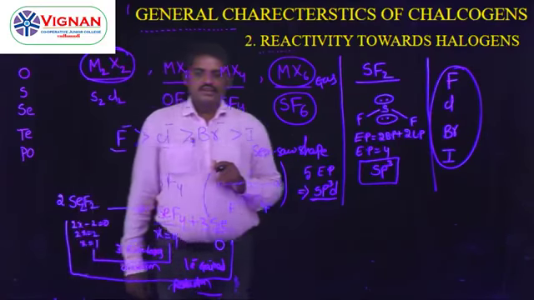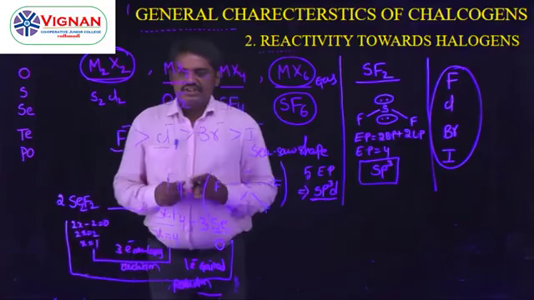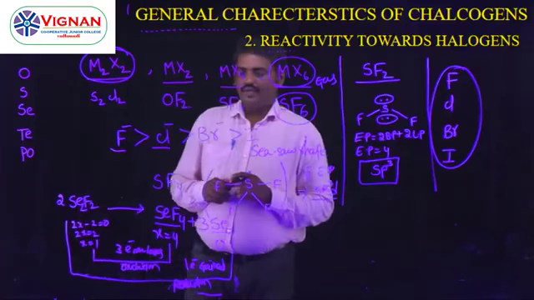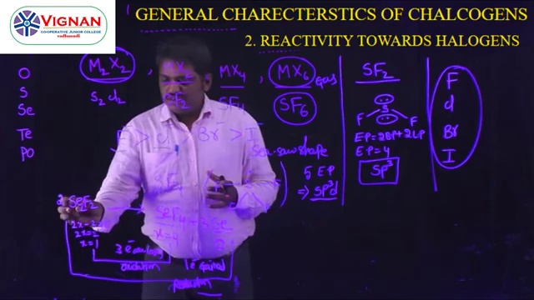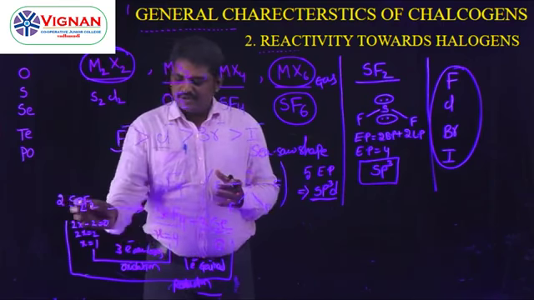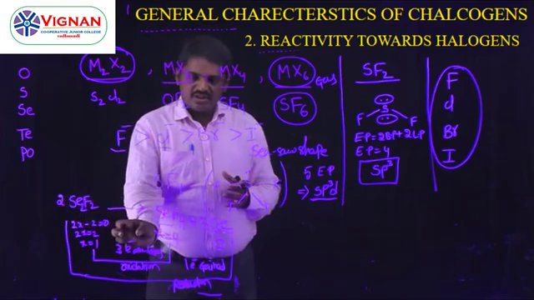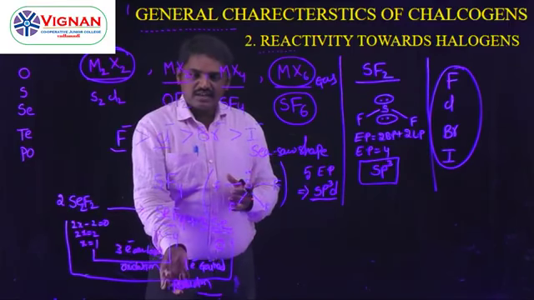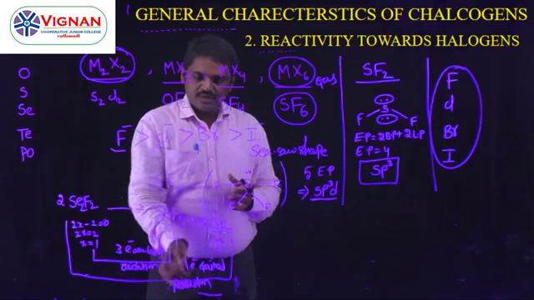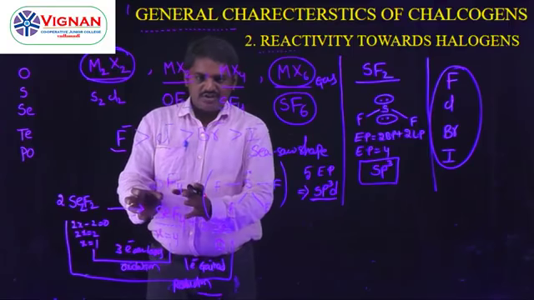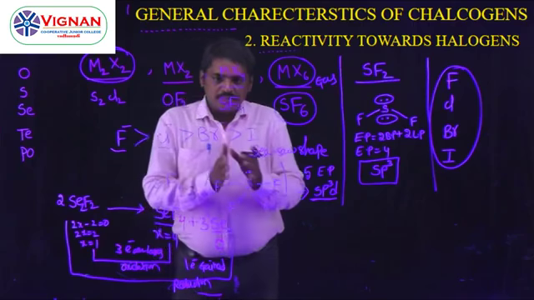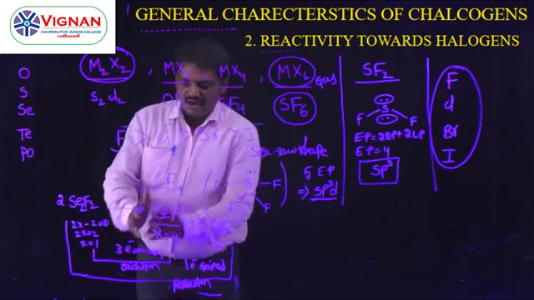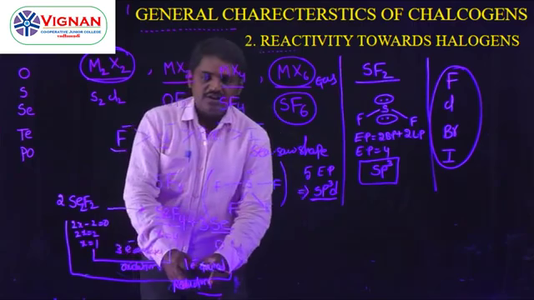So in this reaction, one step is an oxidation step, and the second step is a reduction step. In this single step reaction, selenium undergoes both processes, oxidation and reduction.